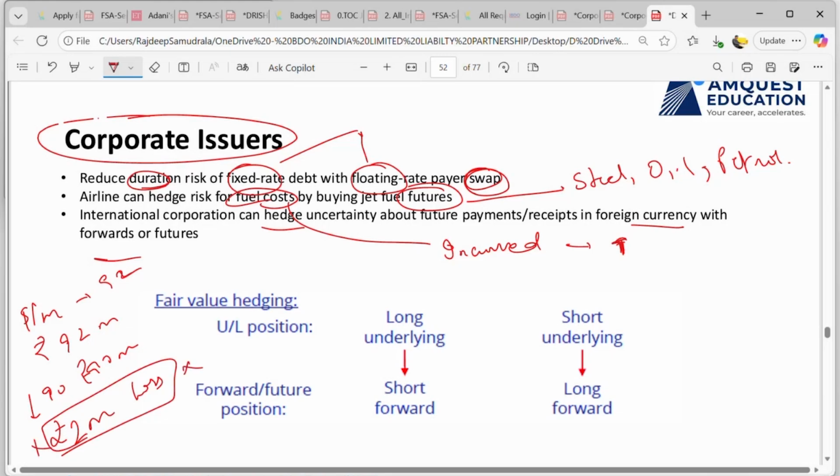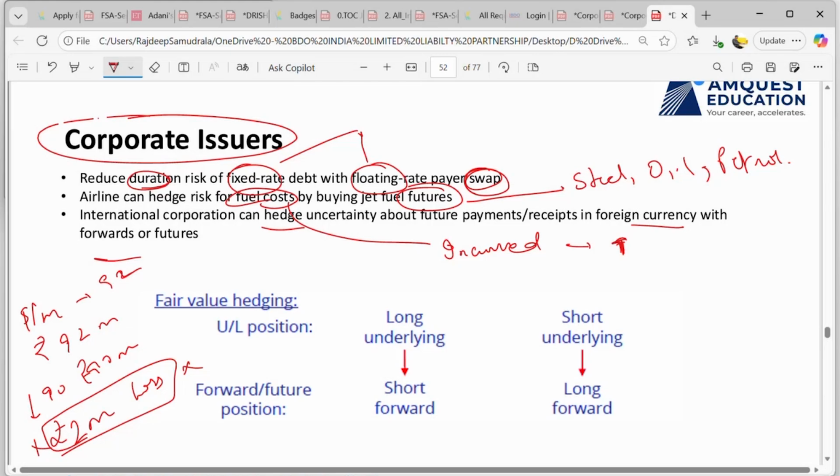Correct? So, because you're receiving future payments in currency, if you don't hedge it, what could you have done? You could have gone ahead and taken a dollar future and said, I want to sell dollars at 92. Fix it. अभी अगर डॉलर 90 हो गया तो तुझे 92 ही मिलेगा. हाँ, बट ये भी है कि अगर डॉलर 93 हो गया या 95 हो गया, you will still get 92.